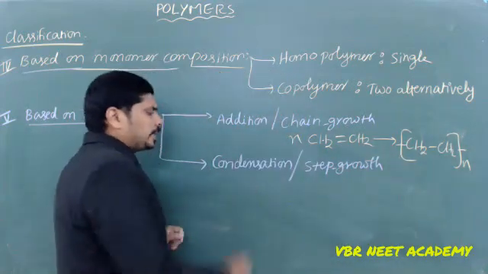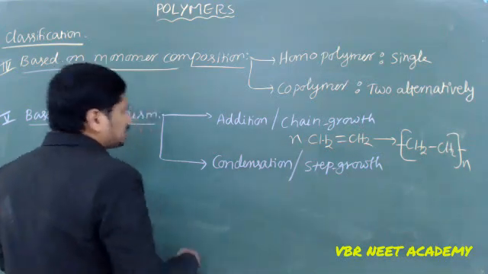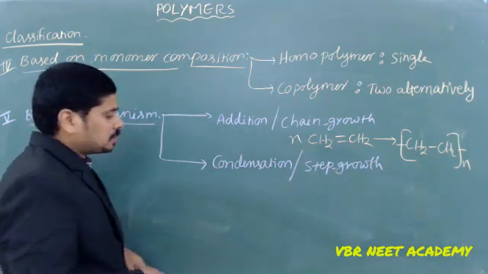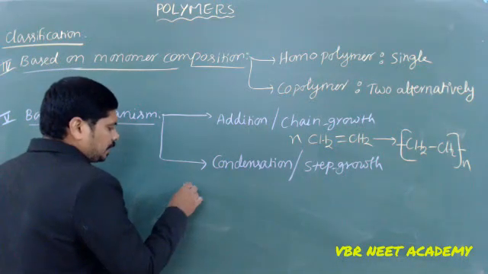Now we take condensation polymerization. For example, earlier we discussed nylon 6,6. What happens here?